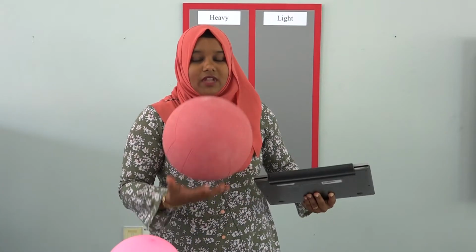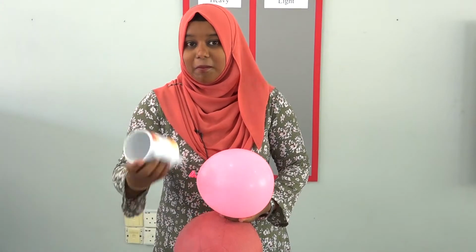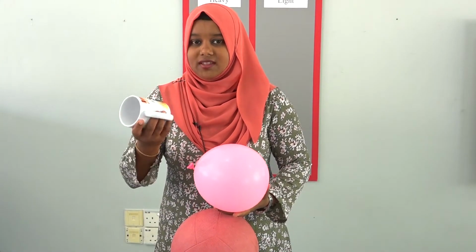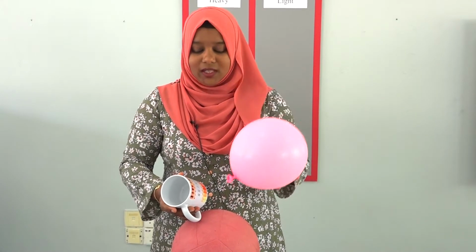The laptop is heavier than the book. And let's see, this ball is lighter than the laptop. And also I got a mug. The mug is a little heavier than the balloon.